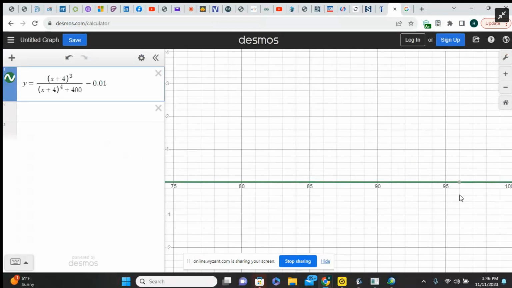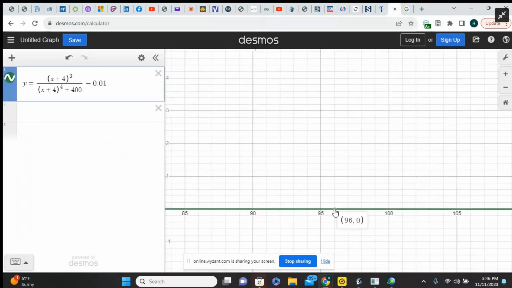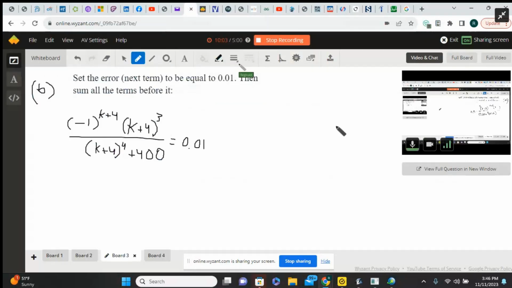Okay, so this point just stuck out of nowhere. It says 96. So 96 terms.